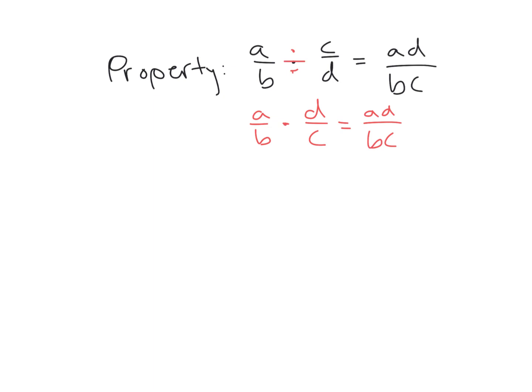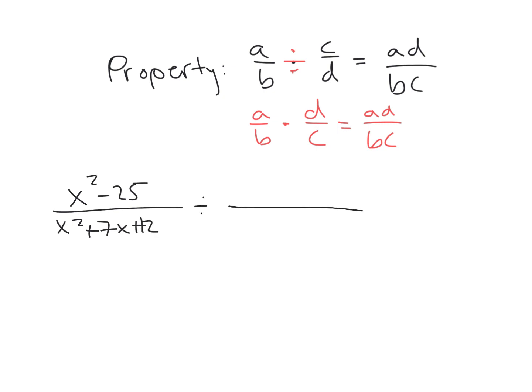So here is an example. Say we have x squared minus 25 over x squared plus 7x plus 12 divided by x squared plus 2x minus 15 over x squared minus 16.